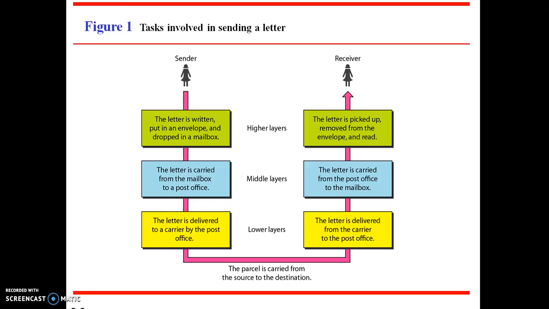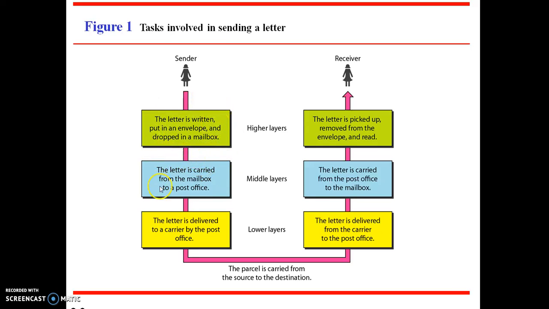You can observe very carefully that we have three types of layers. The layers available on the sender side are the same layers available on the receiver side, but the process happens top to bottom on the sender side, whereas on the receiver side it happens bottom to top. Now you can understand: the letter is written, put in an envelope and dropped in a mailbox.